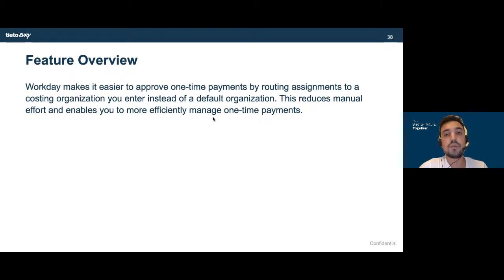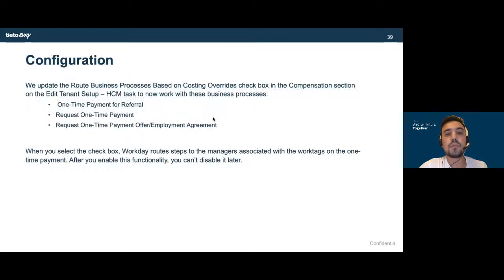With this feature, you can route the step directly to the manager associated with the work tag on the one-time payments. This works for these three business processes: one-time payment for referral, request one-time payment, and request one-time payment offer and employment agreement.